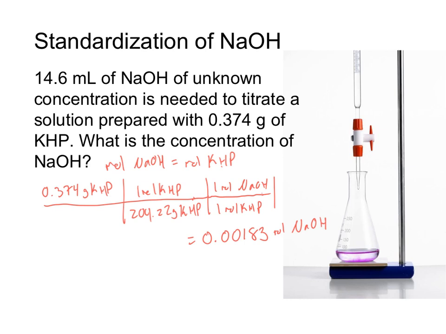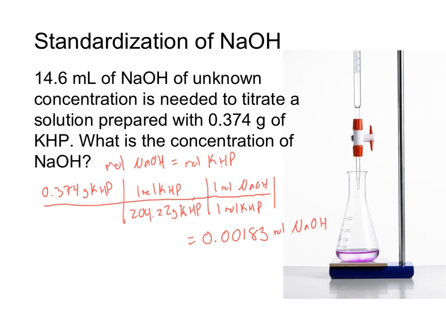This means that there were 0.00183 moles of KHP down in our initial flask, and since it's a 1-to-1 ratio at the end point, we had to have added 0.00183 moles of NaOH from our burette. We also know, though, that in that 0.00183 moles, that came from 14.6 milliliters of NaOH.